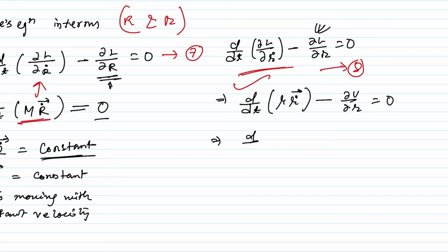So d by dt, mu is the reduced mass here, and r dot vector is equal to del V by del R.